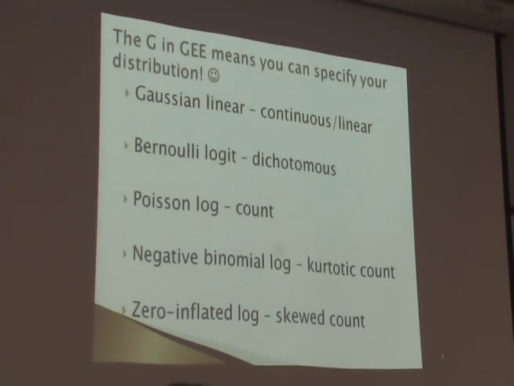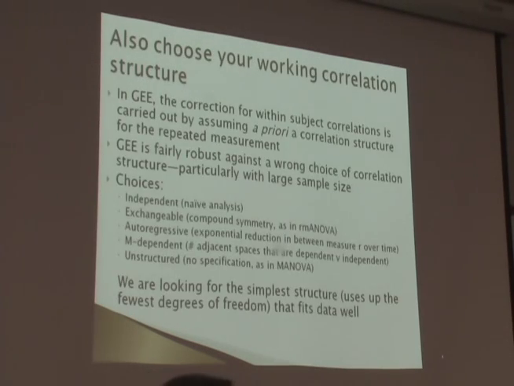So the G in GEE means that you can specify your distribution. So you have that capacity in terms of a continuous linear model versus dichotomous outcomes, count outcomes, or negative binomial, zero inflated models, etc. And you can choose your working correlation structure.